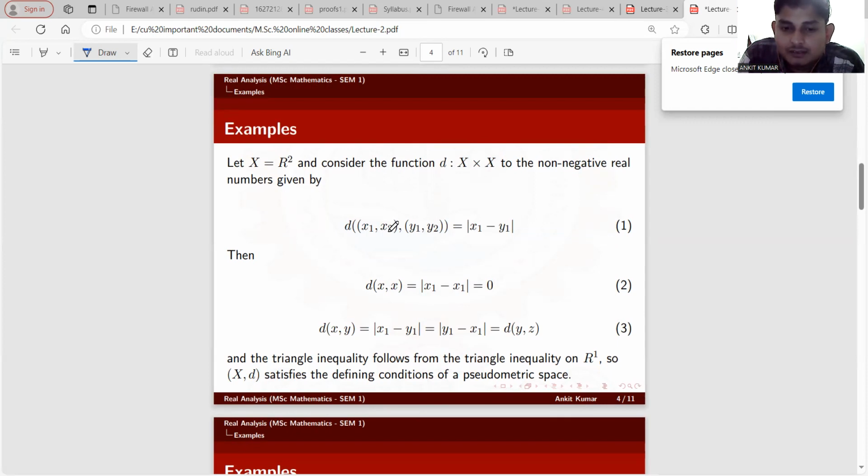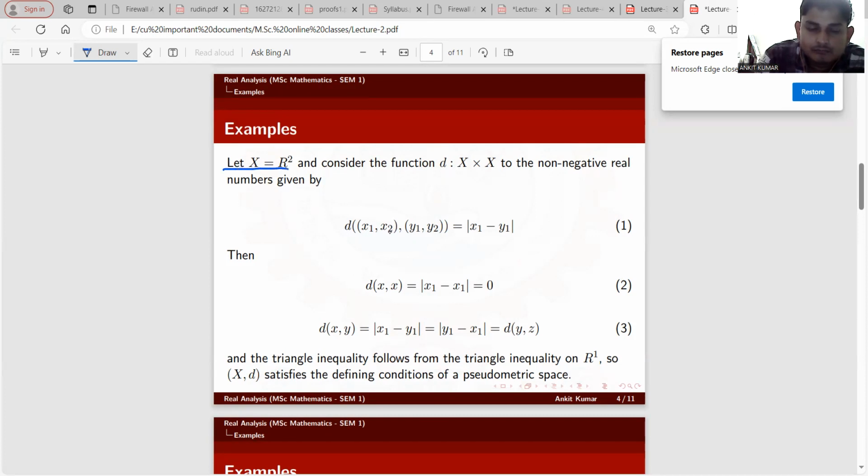Then d of x comma x is equal to mod of x1 minus x1, which is equal to 0. And d of x comma y is equal to mod of x1 minus y1, which is equal to mod of y1 minus x1, which is d of y comma x. And the triangle inequality follows from the triangle inequality on R. So X comma d satisfies the defining conditions for a pseudo-metric space.